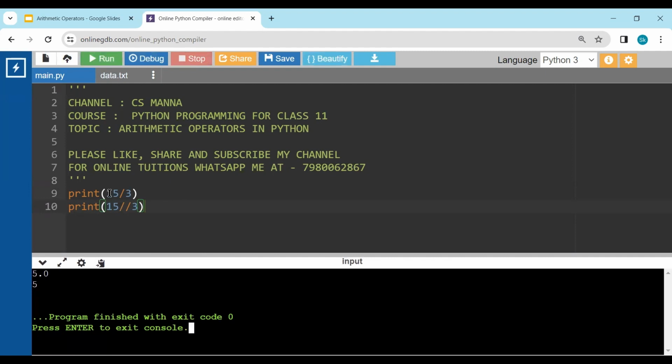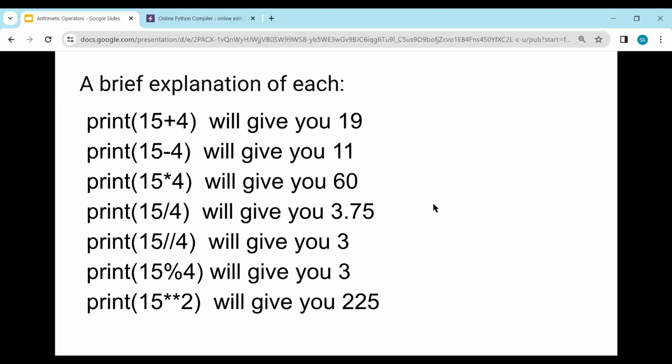See, 15 divided by 3, normally we say it's 5, but in this case, it's 5.0, and 15 floor division 3 will give you 5. So this decimal part which is coming here, we have to take care of. So this is a brief understanding of each of the operators.